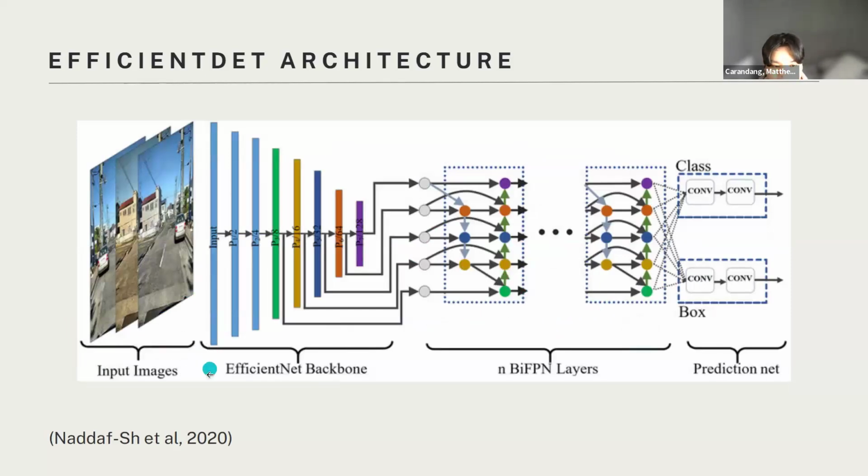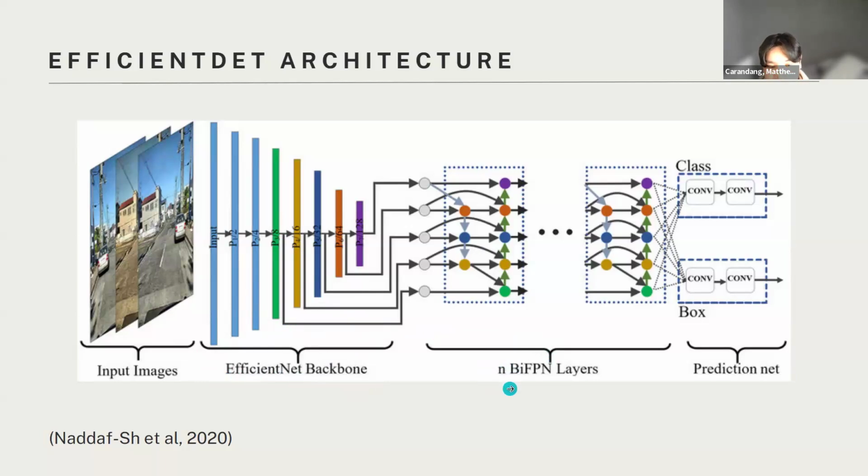Here we have the input image. From the EfficientNet backbone, we're going to be taking features from different layers of the backbone itself, and then from there it's going to have n BiFPN layers.